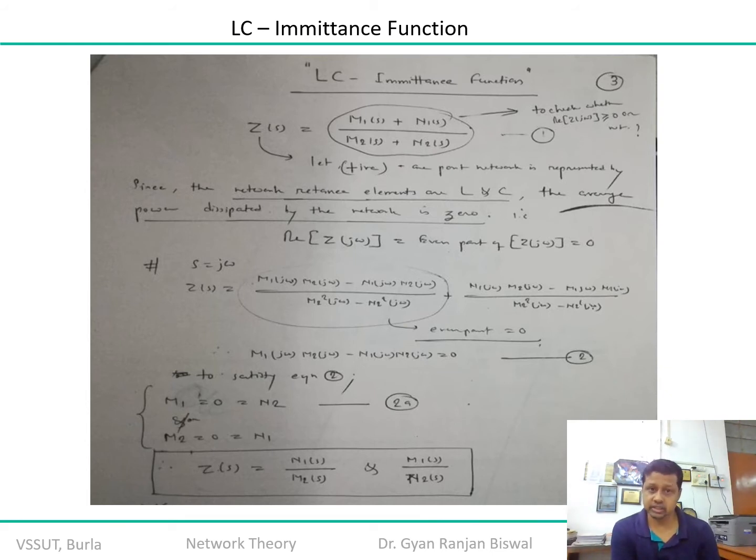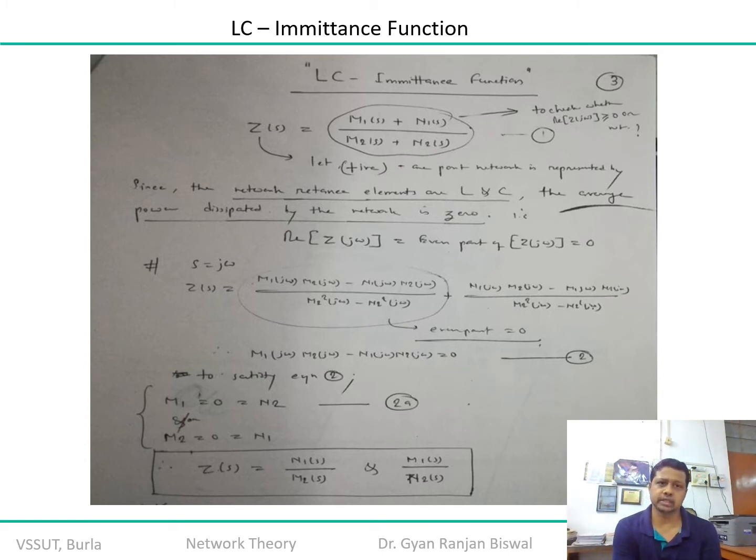Now remember, this transfer function should be positive real as a part of a one-port network. In the realization of the network, the average power dissipation by the network will be 0 because there is no resistive component. So obviously the power dissipation from the network theoretically is 0.